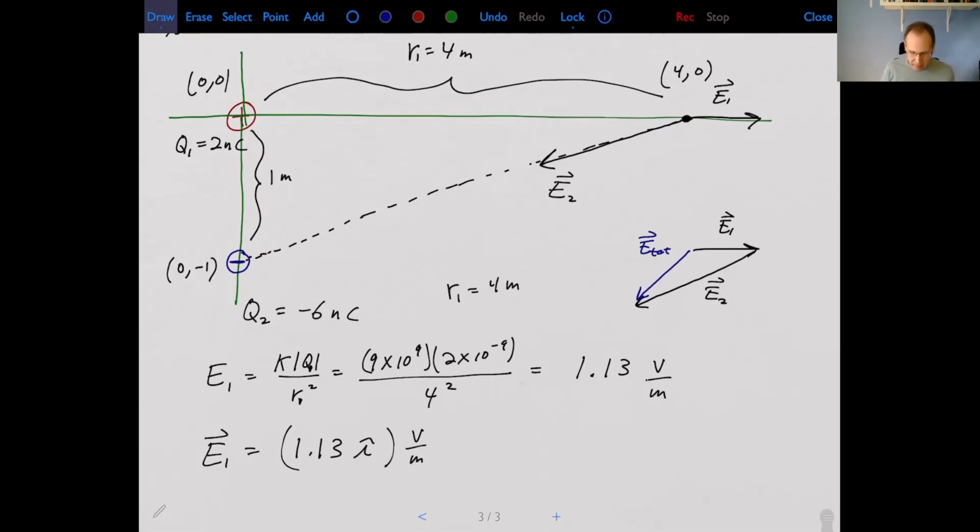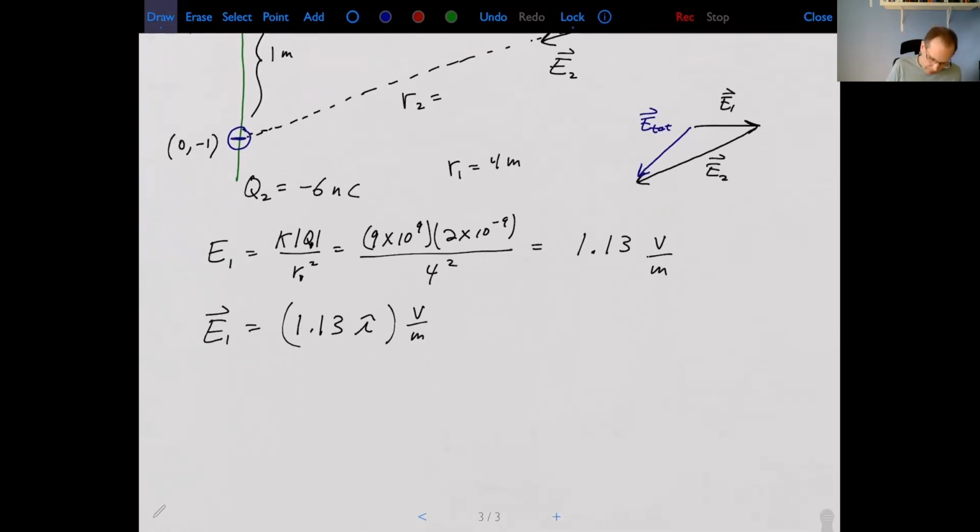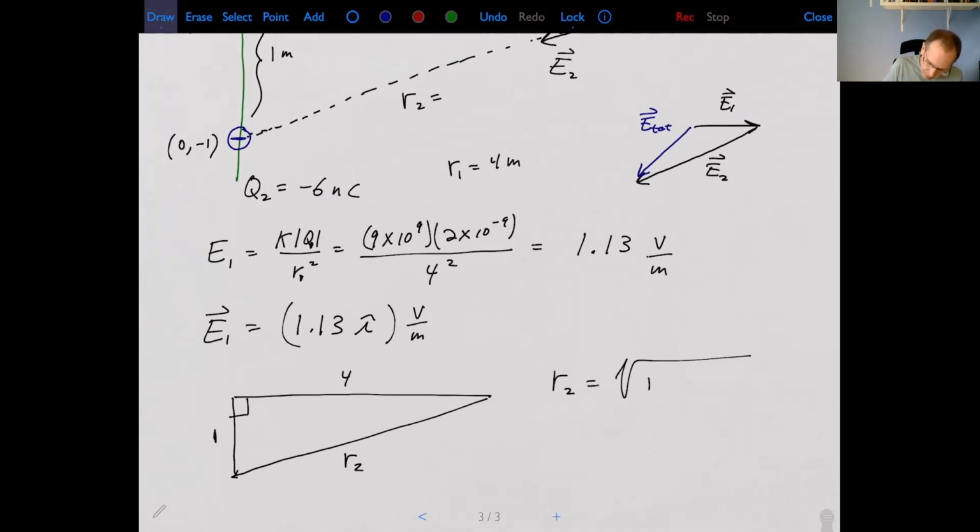To calculate the electric field due to charge 2, I need to know this distance, R2. Notice here we have a right triangle. We know this distance is 1, and this distance is 4. So I can figure out R2. It's simply the square root of 1 squared plus 4 squared, which is the square root of 17. So R2 is square root of 17 meters.